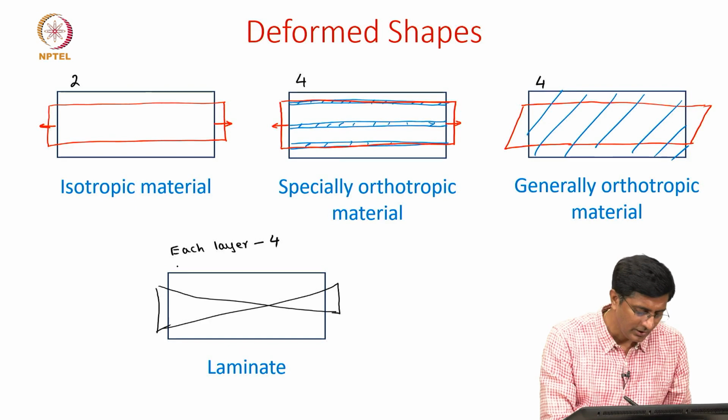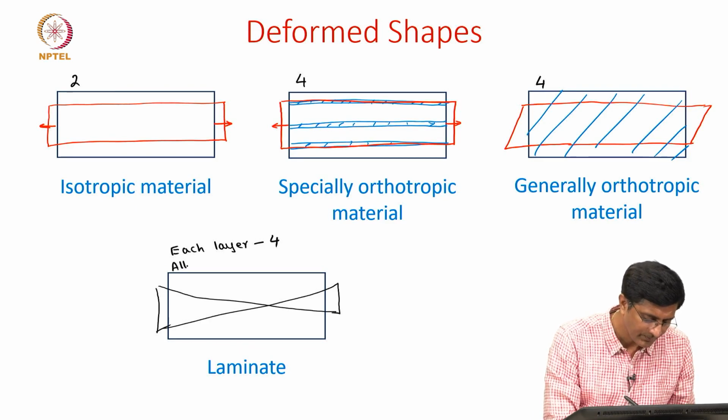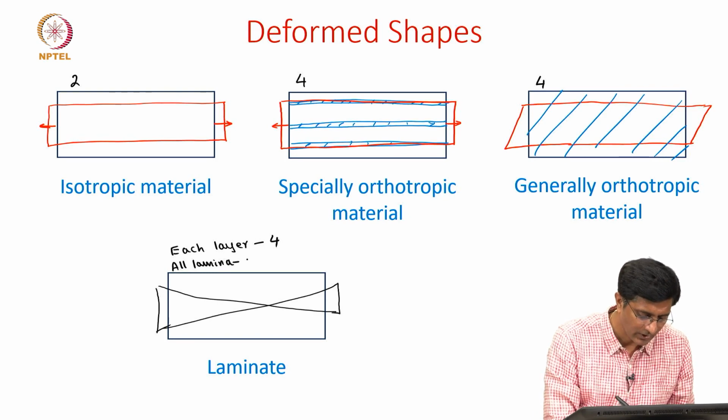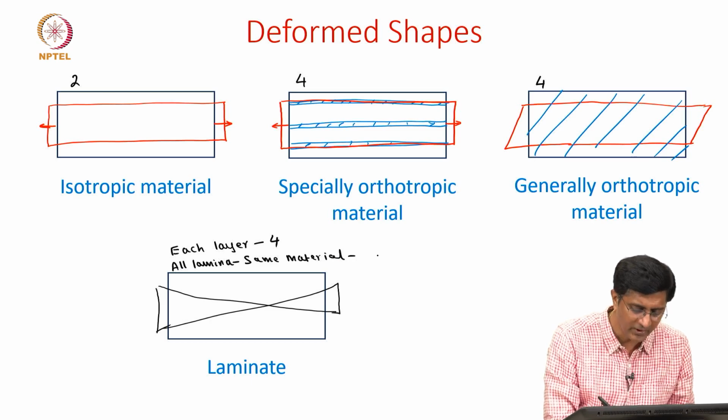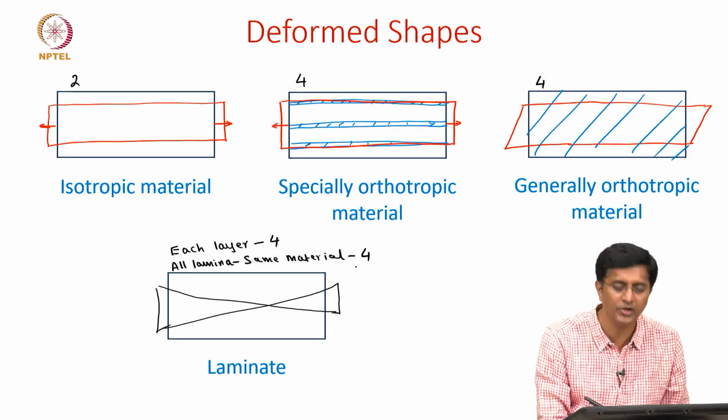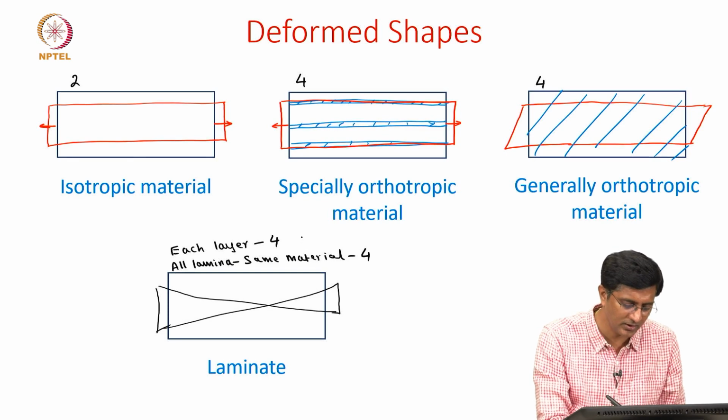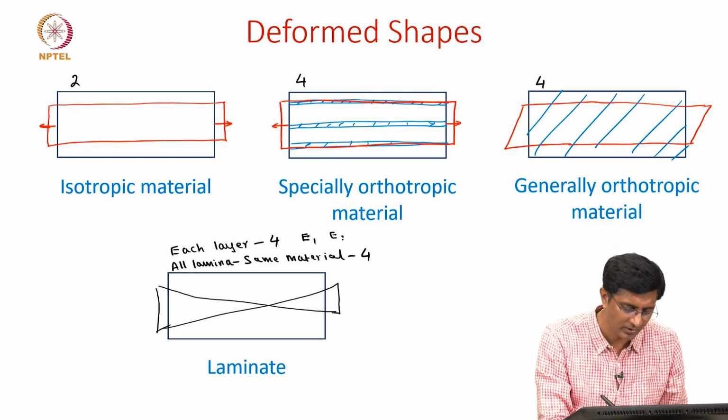So if all layers are the same material, then again we'll have only four independent constants, which are again E1, E2, Poisson ratio, and the shear modulus.